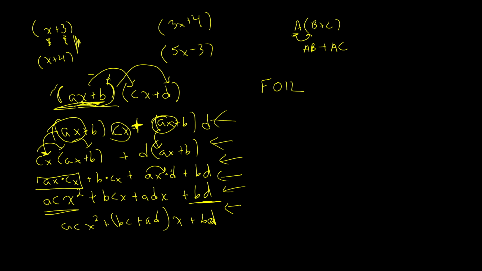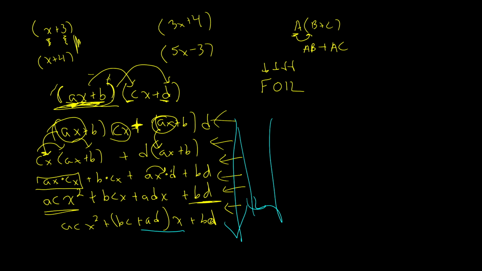So it was like taking the first times the first, and the first times the last. And that's what we do with FOIL. FOIL talks about the parts and puts them all together. So I'm going to switch colors here, and we don't have to do this long drawn out process, even though it'll work out to the same thing.